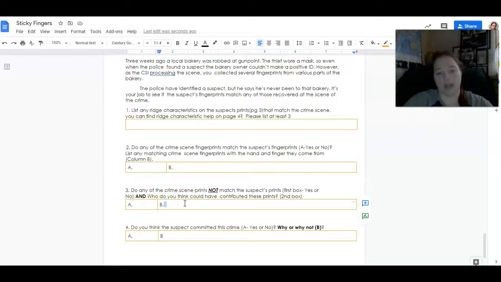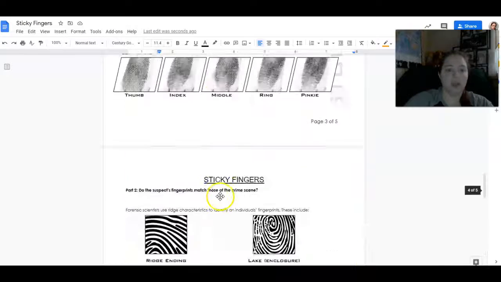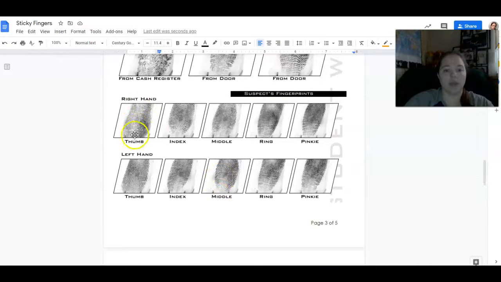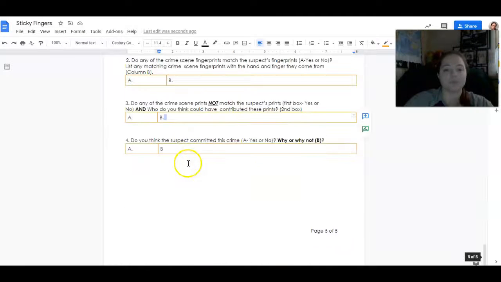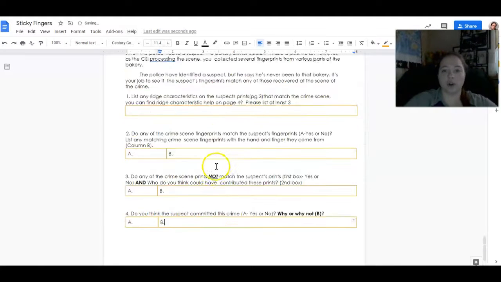Which ones don't match? And all you have to do is say like right hand thumb or right hand thumb, middle, ring, something like that. And then you do the same with the left if that's the case for number 3. Number 4, do you think the suspect committed the crime? Yes or no? Why or why not? That's in column B. So make sure you answer all of this.